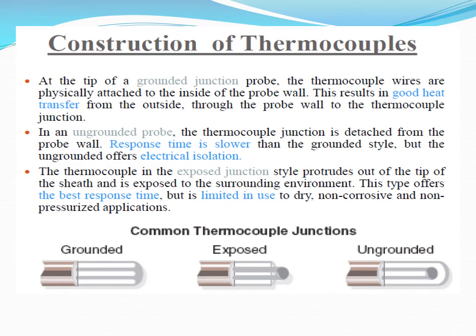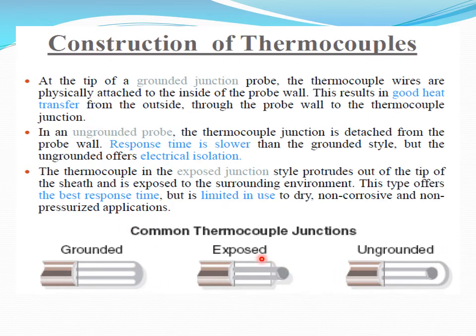A thermocouple can have different types of construction. The first one is called the grounded type. Here, at the tip of a grounded junction probe, the thermocouple wires are physically attached to the inside of the probe wall. That is the grounded junction.